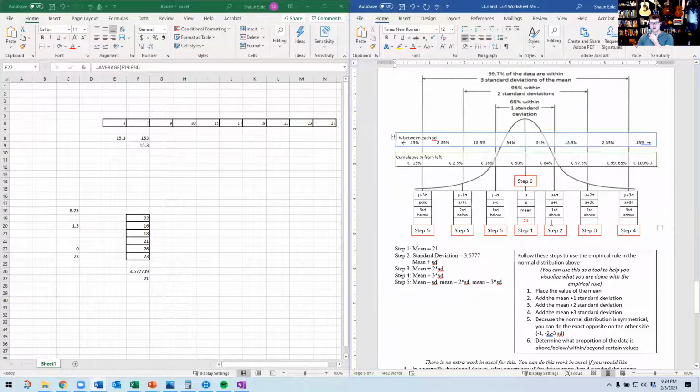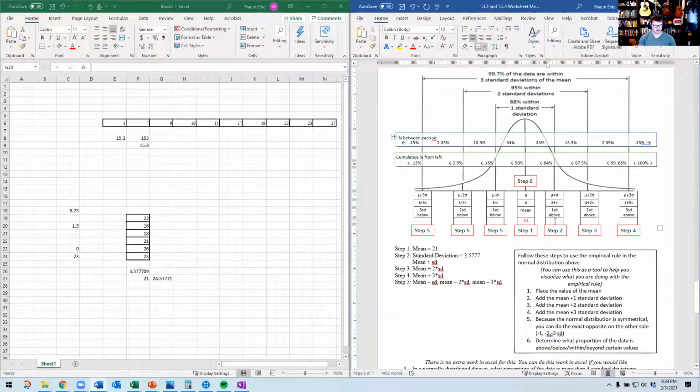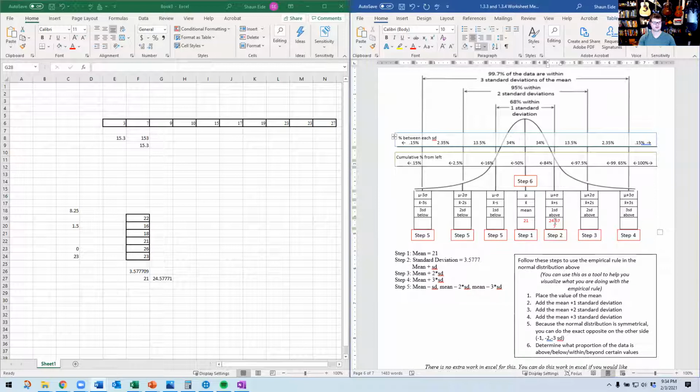So we've got the mean plus 1 standard deviation, so we're going to do equals 21 plus 1 standard deviation. Okay, so it's going to be 24.577.